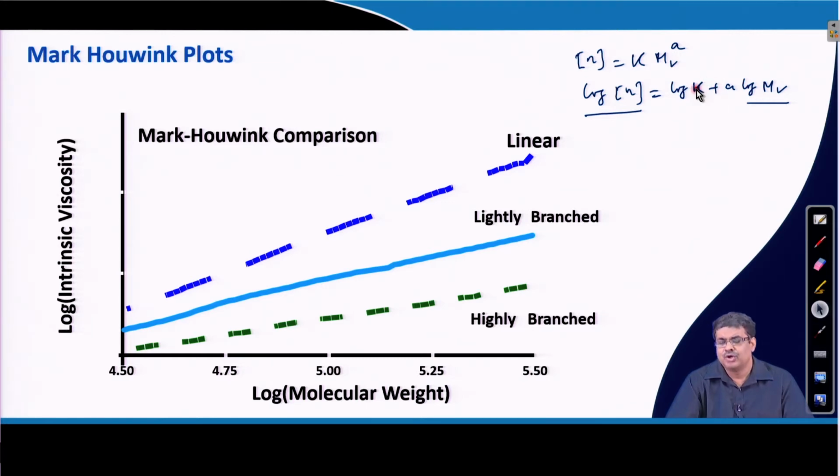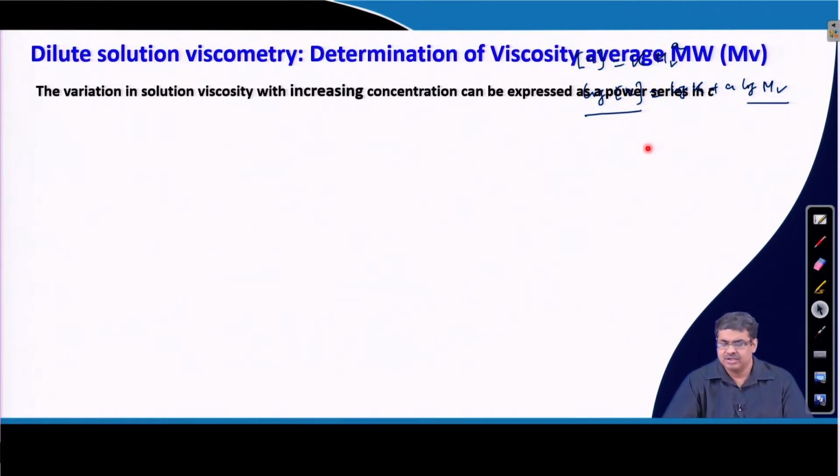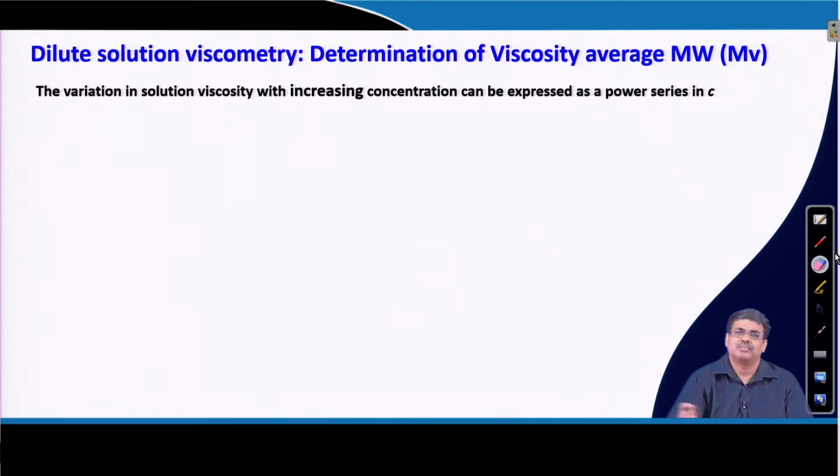We can make several concentrations of polymer solution and find out eta for those solutions, and then if we know the value for K and A for that particular polymer, solvent, temperature combination, then from the intrinsic viscosity we can find out the value of Mv.